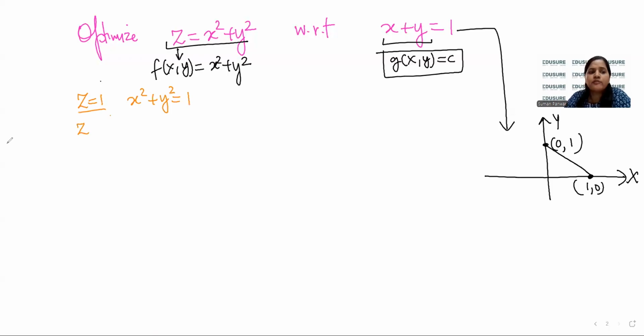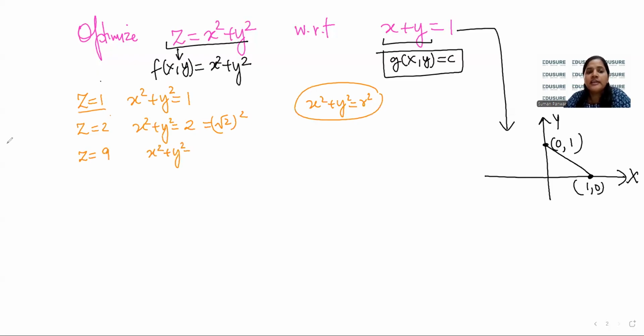If I put z equals 2, I will be getting a circle of radius root 2, because x square plus y square equals r square is a circle of radius r. If I put z equals 9, I will be getting a circle of radius 3. So note that as z is increasing, I am getting bigger and bigger circles. So I am getting concentric circles.